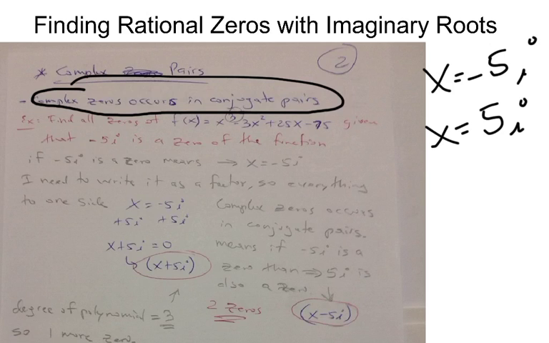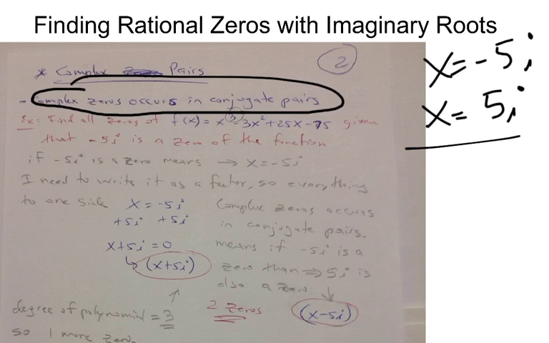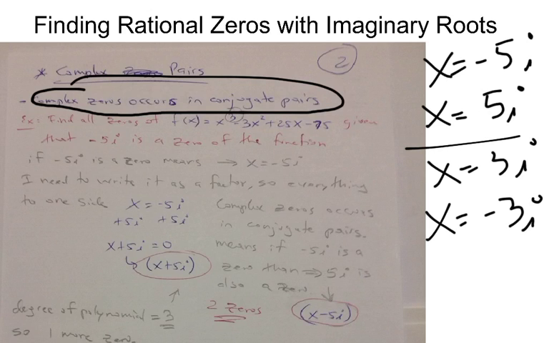Again, if one of the roots is negative 5i, then the other root has to be the positive side of the same number, so it's going to be 5i. On the same thought, if one root is 3i, then the other complex conjugate root will be negative 3i. Okay? In our case, we're using the 5i.